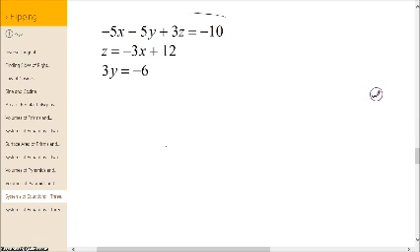I've got this first equation up here, which I'm really going to be using a lot of, because I can put everything in this first equation in terms of x. Notice how we've already got z defined as negative 3x plus 12, and we've got 3y equals negative x.